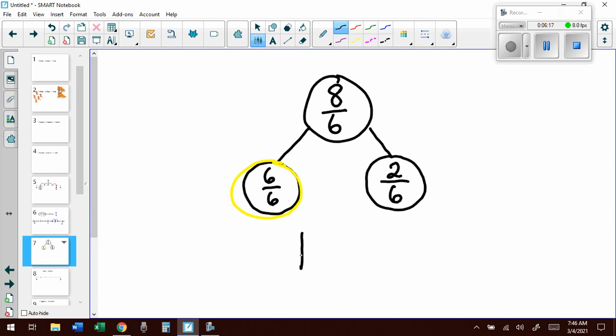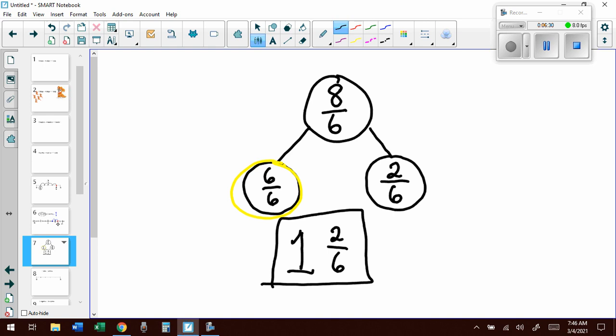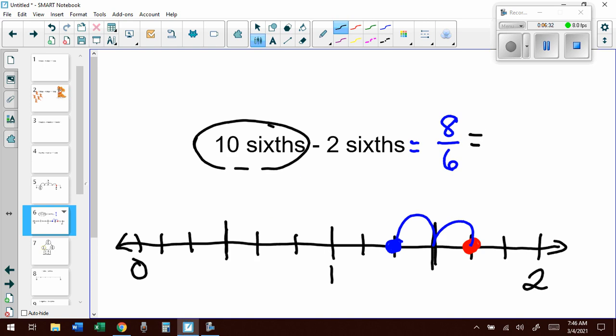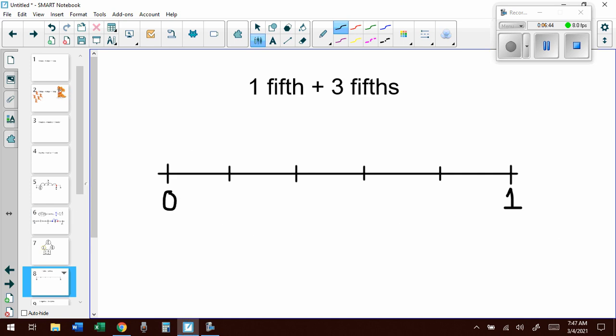So we have 1 whole piece, and what is our leftover? 2 sixths. So this right here is our mixed number. So 8/6 equals 1 and 2/6. So far, so good.